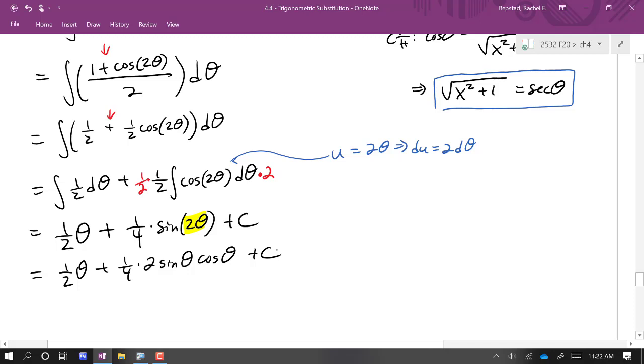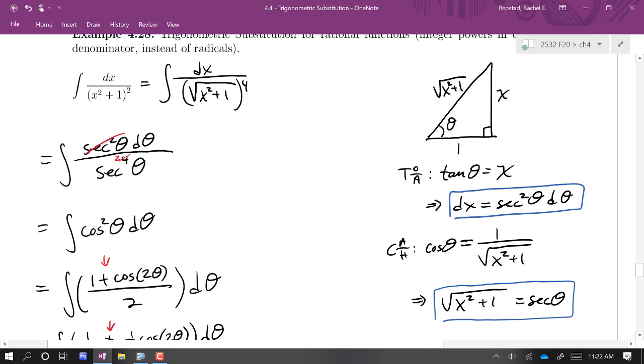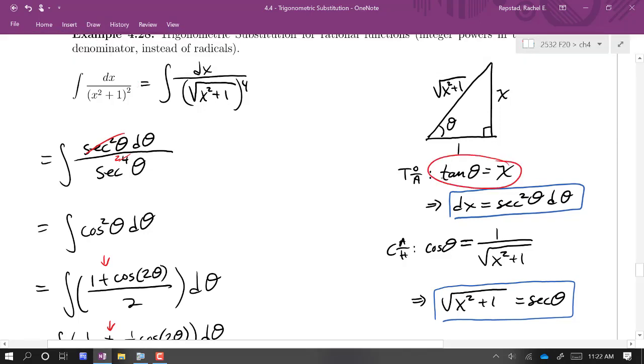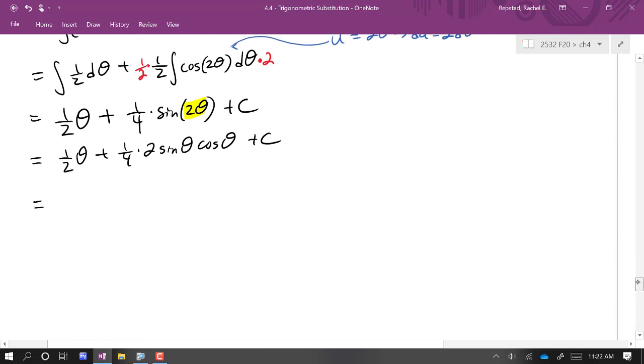And now I think we're ready to get to x's. So let's go back up here. We know that tan theta is equal to x. And so that means that theta is arctan of x. So that's what we're going to use for the first expression.